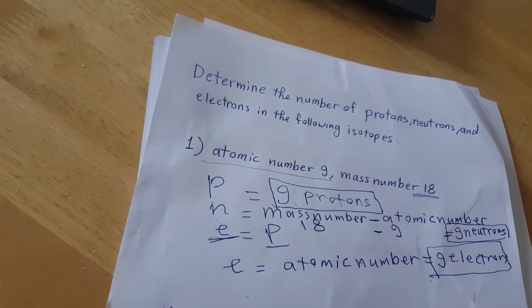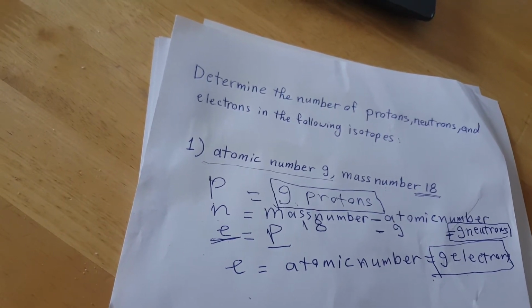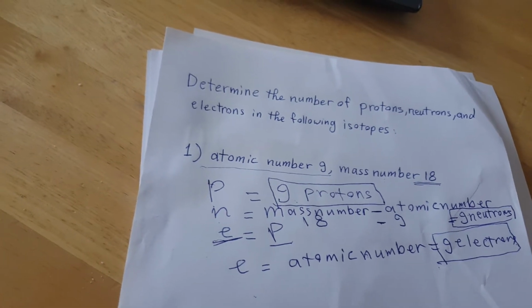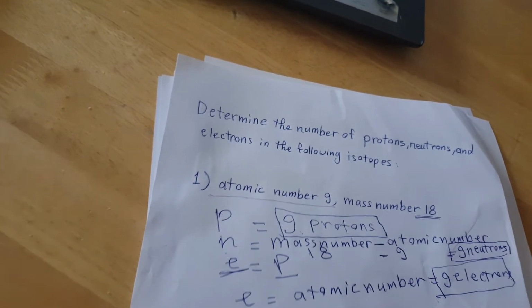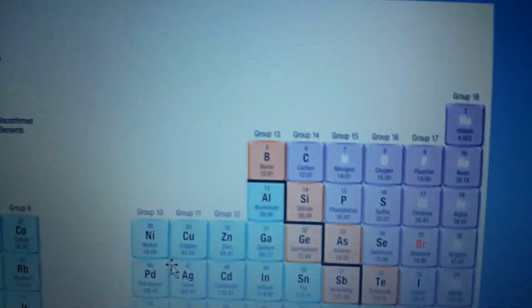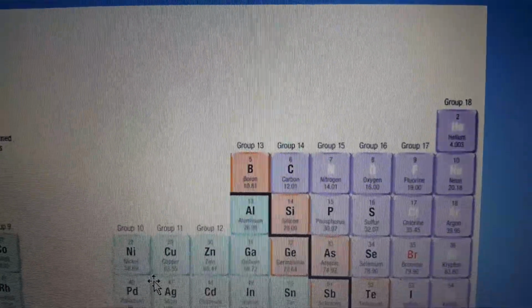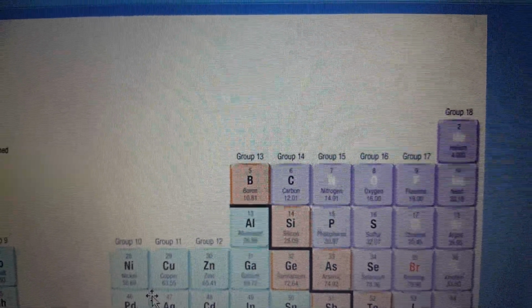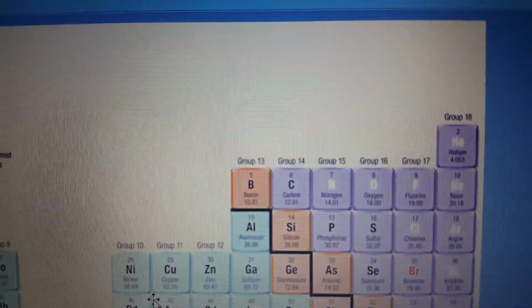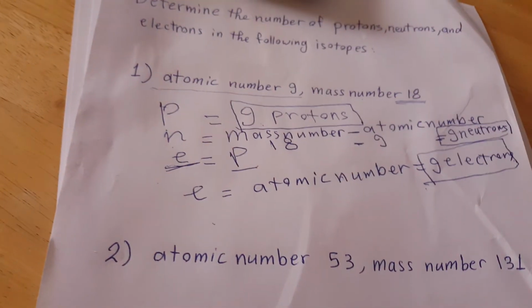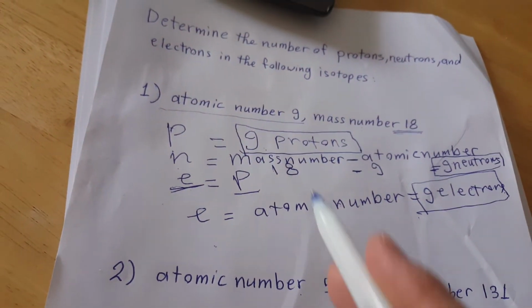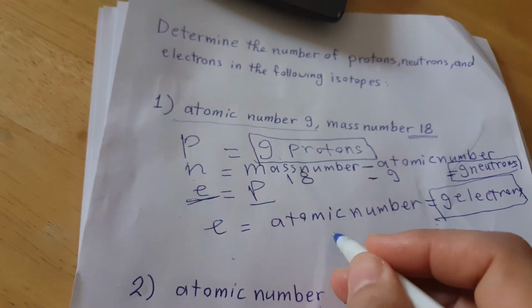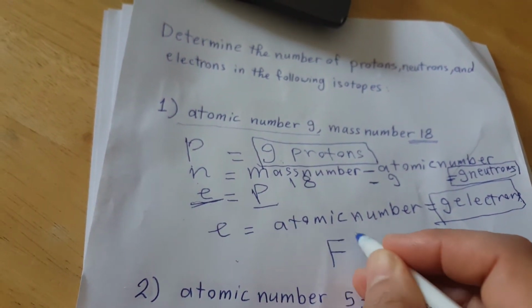Which atom is this? We will look for it in the periodic table. Where is the atomic number 9? Here, fluorine, as you see. It has the atomic number 9. So it is fluorine. If I ask you also to determine which one is this atom from the periodic table, you will say that it is fluorine.